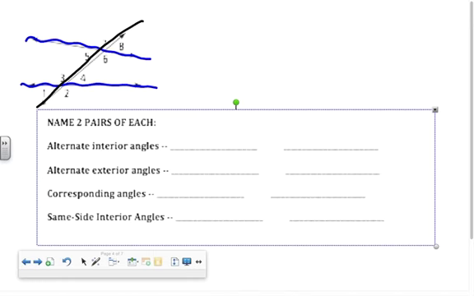You understand what I mean by that? So alternate interior angles are going to be on opposite sides of the bridge, inside the river. What are they? Angles 5 and 4, and angles 6 and 3. And we'll talk momentarily about the relationships that exist between these angles when the lines are parallel.